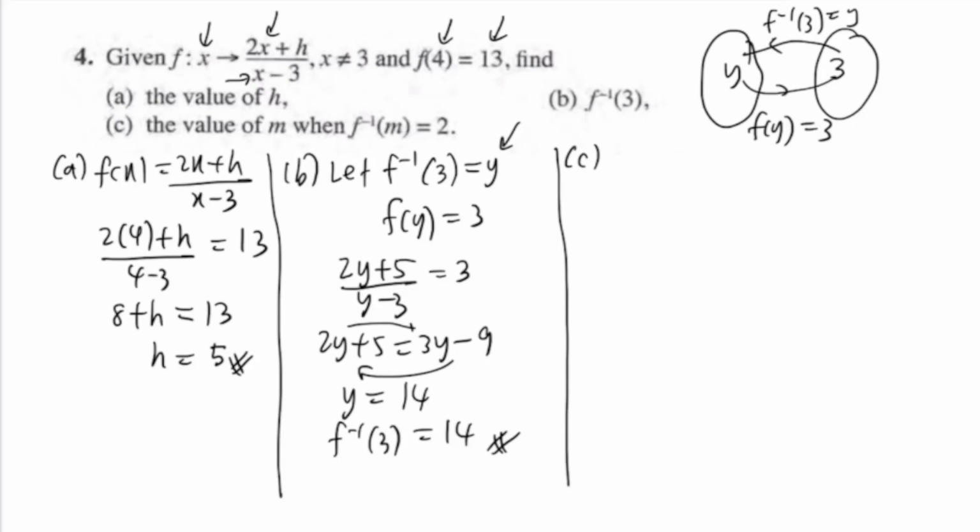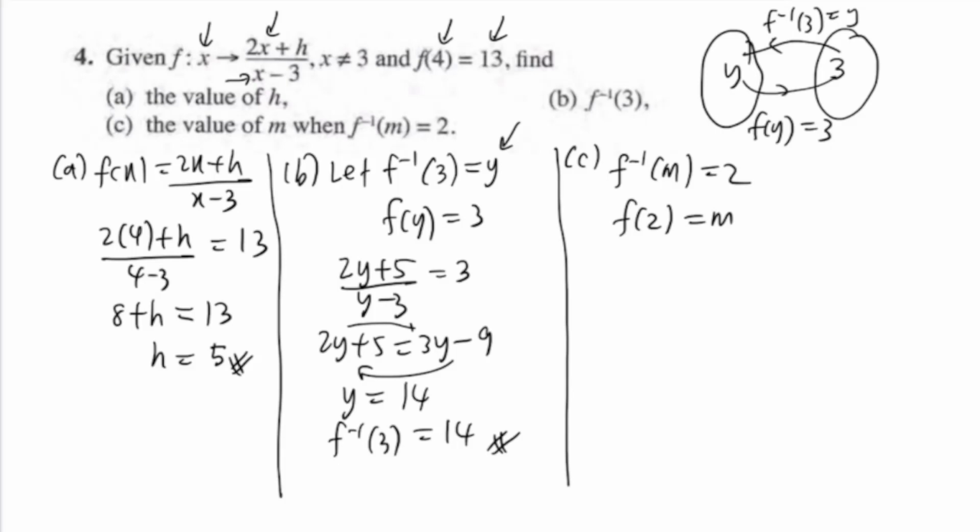Right, so next, find the value of m when f inverse m equals 2. Again, a lot of people are going to inverse a function, but you don't have to, because if you have f inverse m equals 2, we can interchange: f(2) is now m. We switch the position of your object and image, and straight away your inverse disappears. We just write f(2).